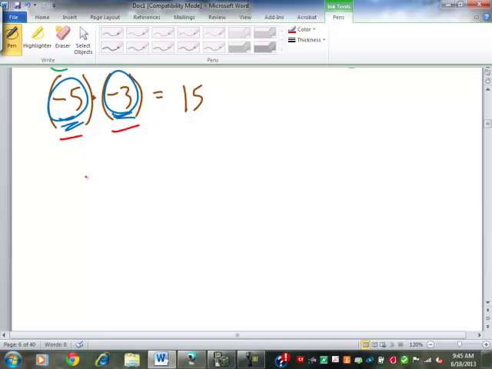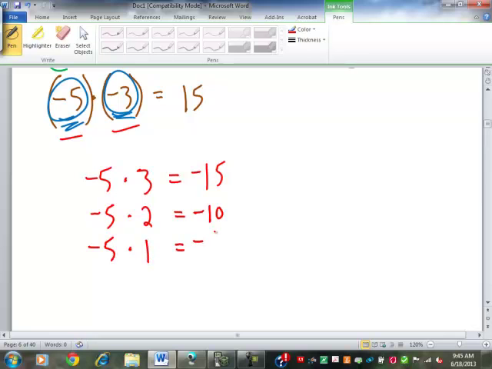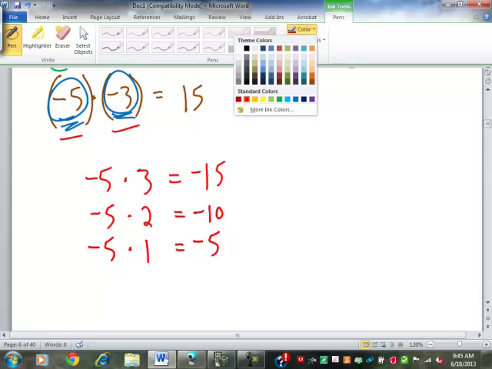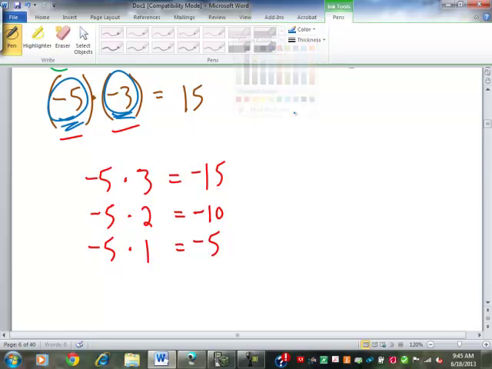So let's start out with that negative 5 times a positive 3. That is a negative 15. If we do negative 5 times 2, that's going to be negative 10. Negative 5 times 1 is going to be negative 5. Good. Now we look for the pattern.